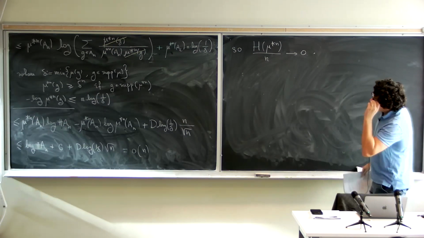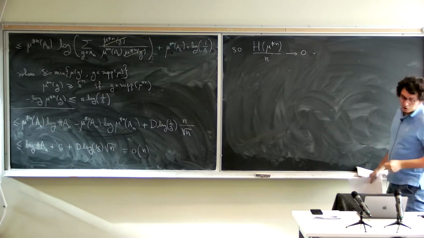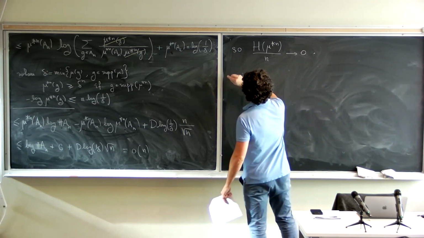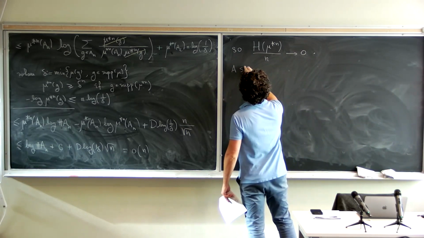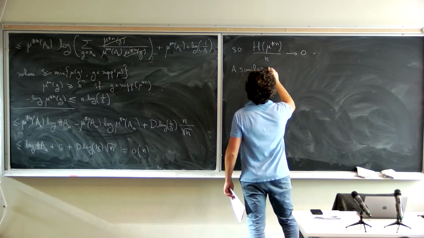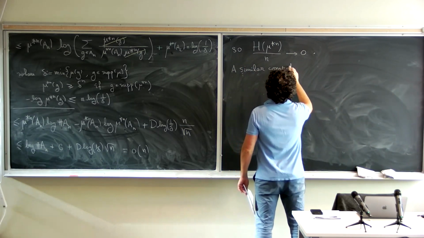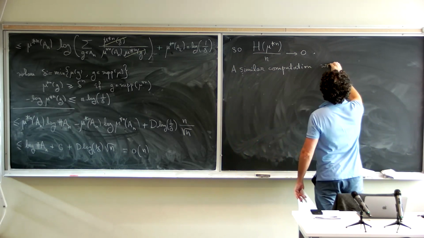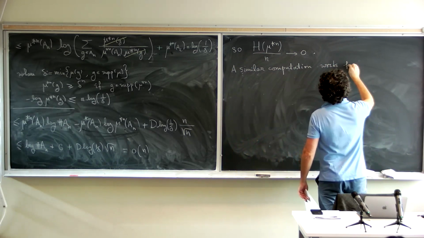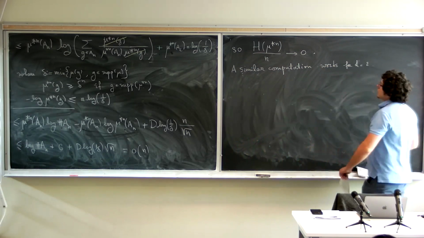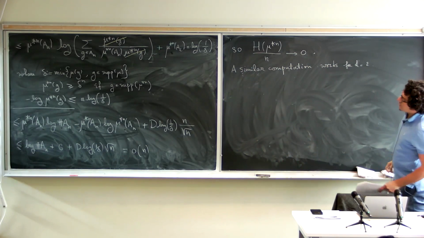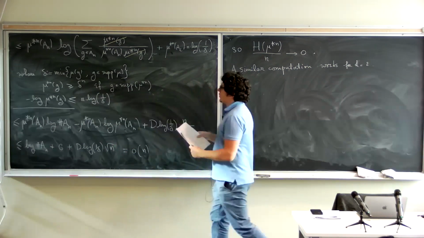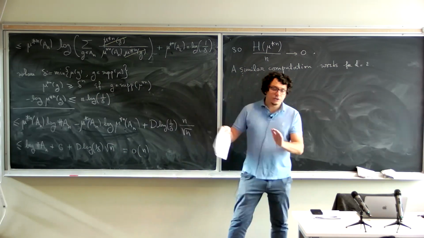Okay, so you can do a similar computation for d equals 2. It's a good exercise to think about. It works for d equals 2, and it's not so complicated once you think about how you choose this threshold and you count.